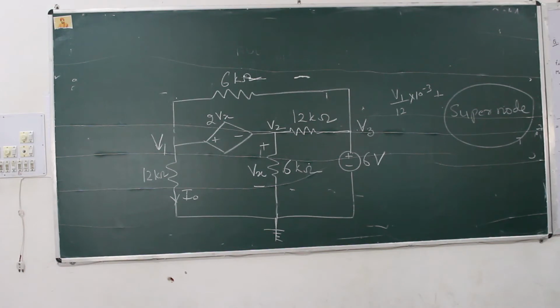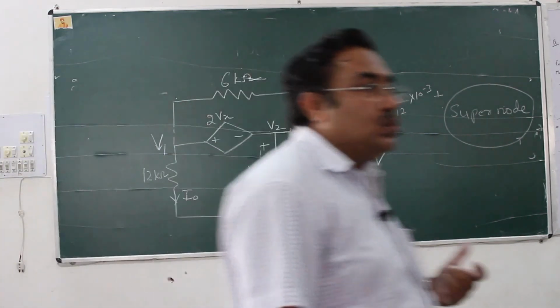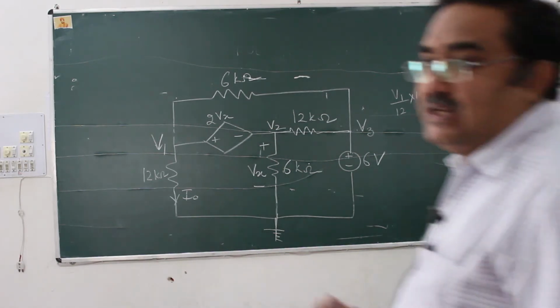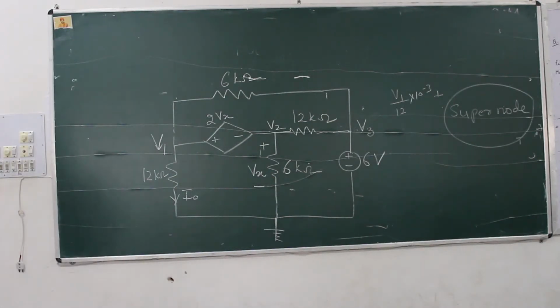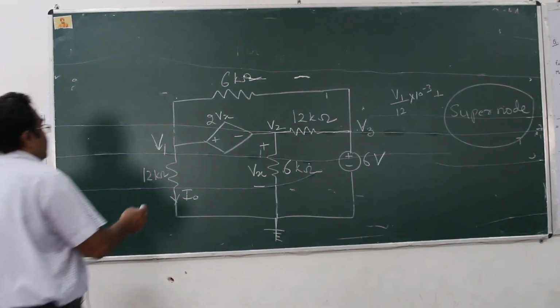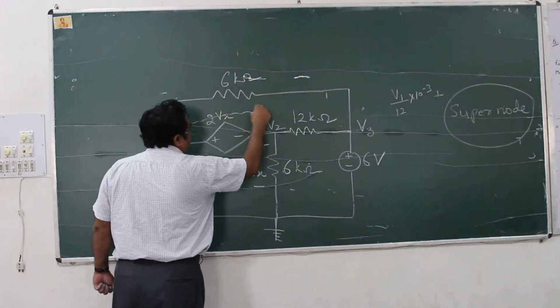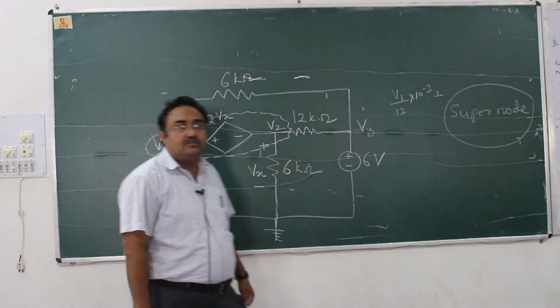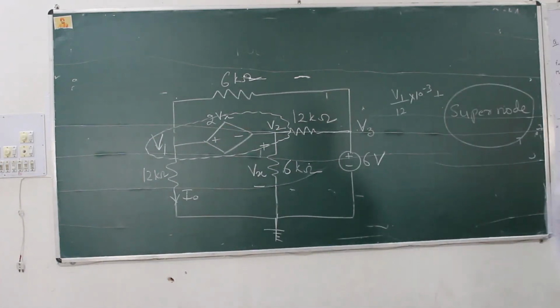Similarly for the super mesh: whenever a single current source, ideal or dependent, is present between two meshes, that will be termed a super mesh. Now what do we do in this super node? This node will be considered a super node. We have combined two nodes.